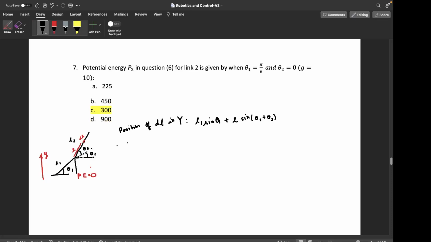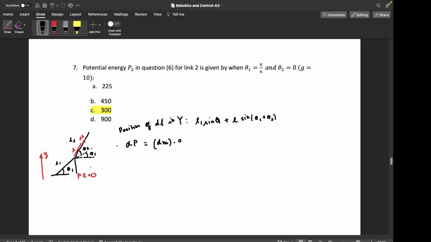So the potential energy of that small element, we denote it as dp, can be written as mass of that small element, dm, into gravity.